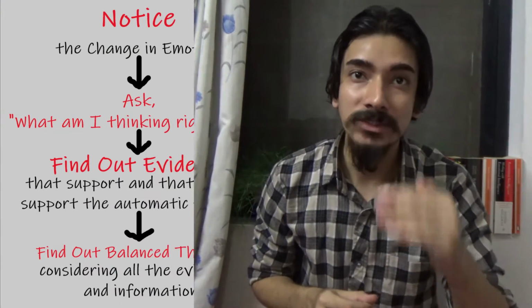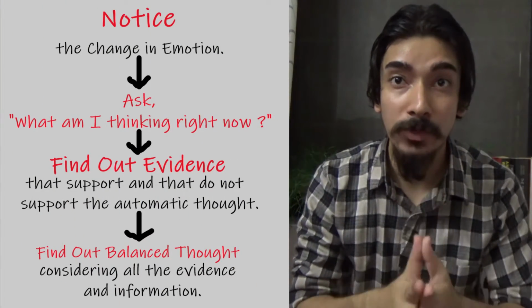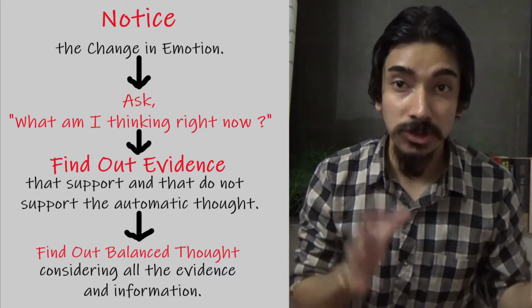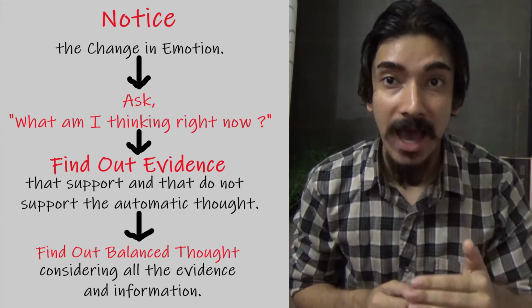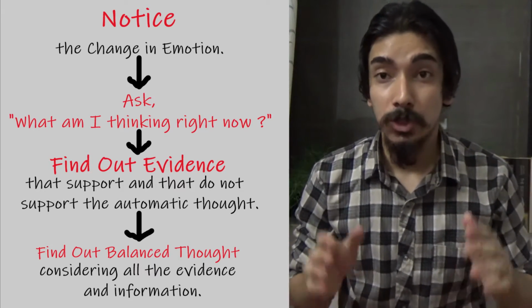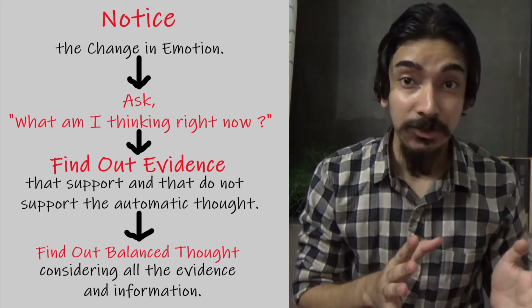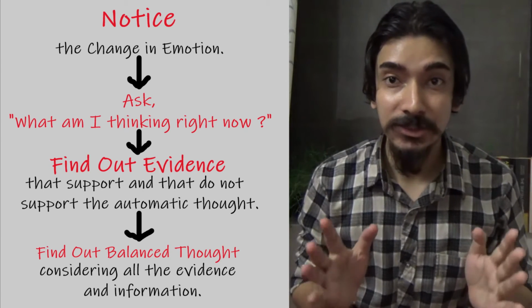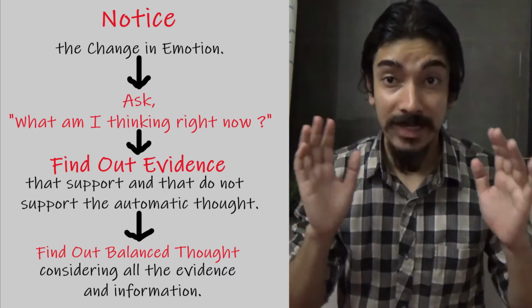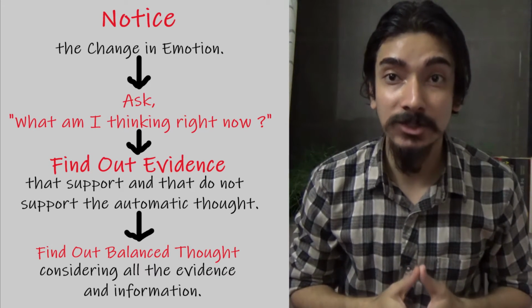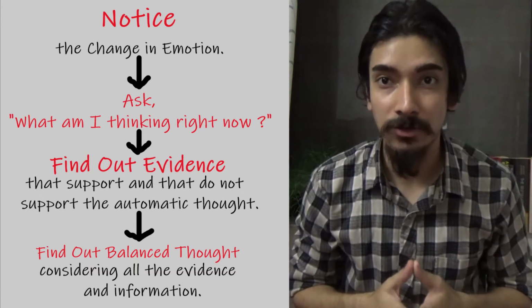These are the basic questions we can ask ourselves when we notice a shift in our emotions or moods. First of all, ask yourself, what am I thinking right now? To determine the distressing thought that is causing the distress or significant change in our emotion or mood. Then find out the evidences that support this distressing thought.